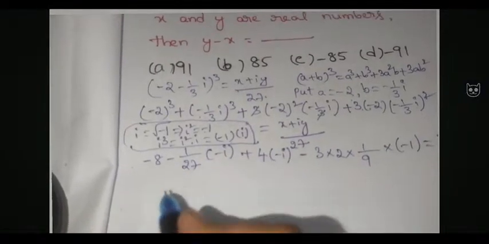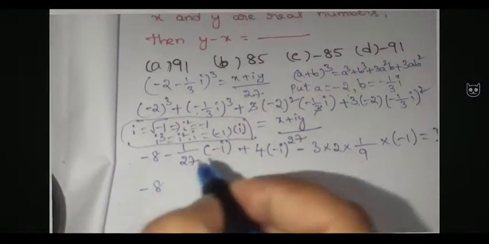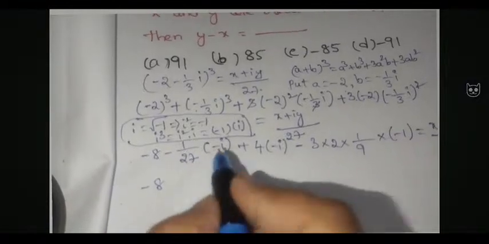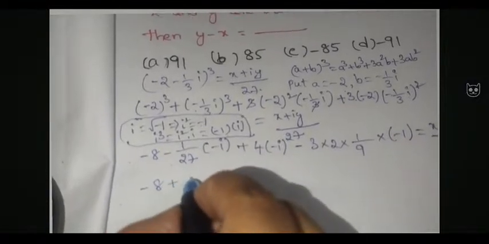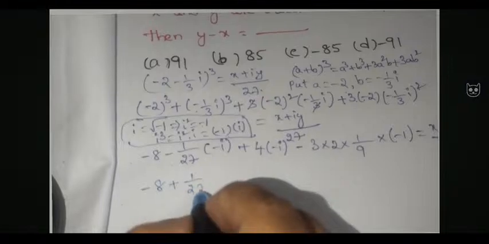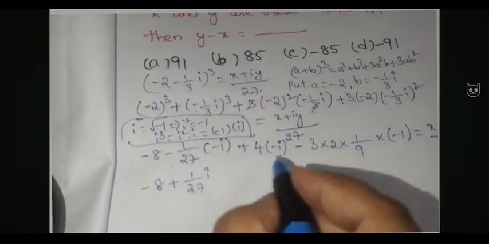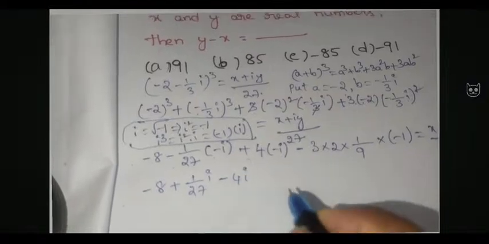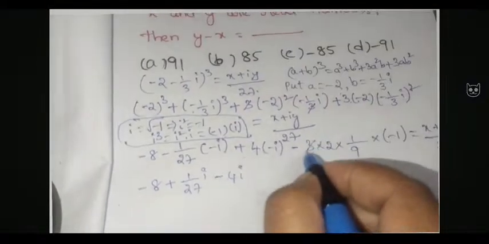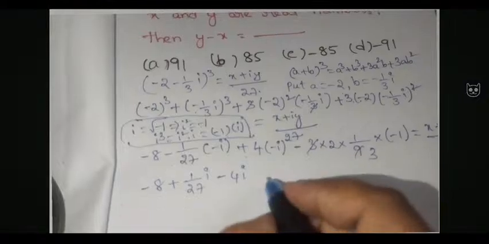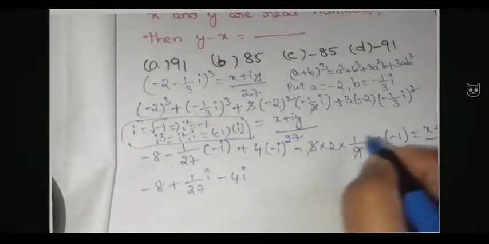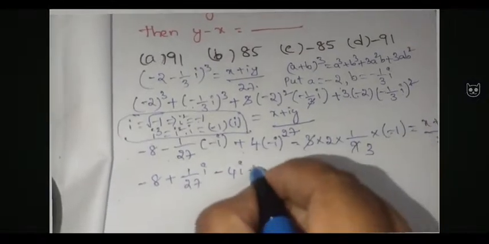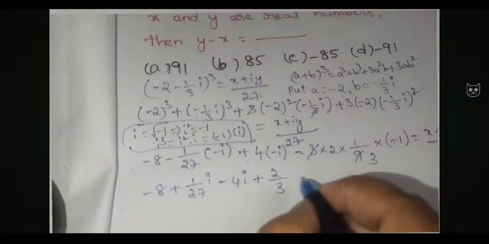Now simplify this again. Here we have minus 8. Here minus times minus is plus, 1 by 27 into i. Here minus 4i. Then the 3s cancel, so minus times minus is plus, plus 2 by 3.